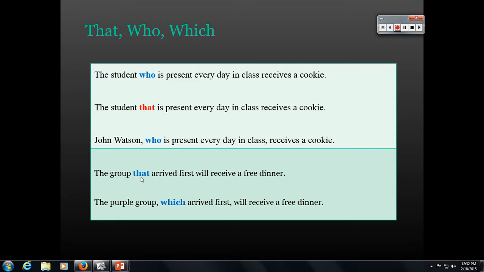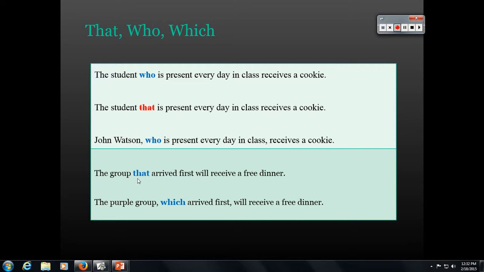Well, this is necessary because it is criteria for receiving the dinner. So that arrived first is a criteria for receiving the dinner. So this is an essential clause. Two ways that we make note of an essential clause is, number one, we use the relative pronoun that.